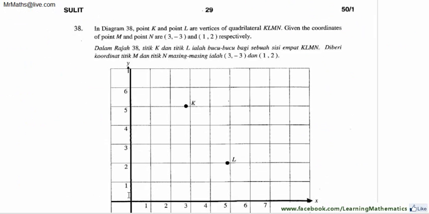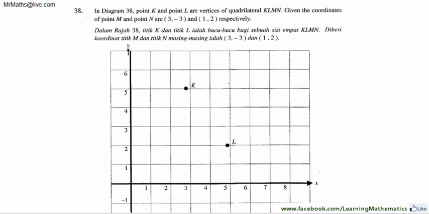Number 38. In diagram 38, point K and point L are vertices of quadrilateral KLMN. Quadrilateral. Given coordinates of point M and point N are 3, okay, 3 and 1. Point M is 3, minus 3.